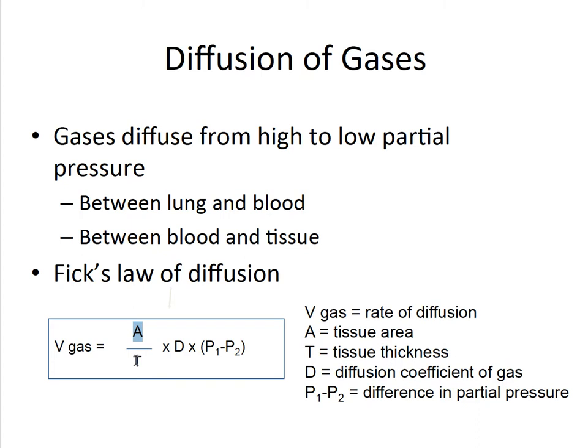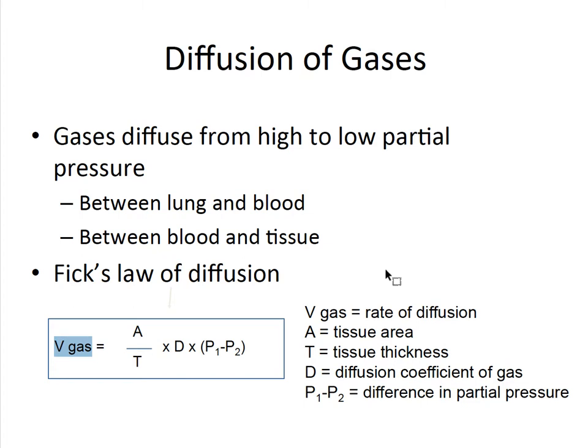So what would happen? As thickness of that lung membrane goes up, the rate of diffusion is less. If we have a big difference in the partial pressures of a gas, so P1 minus P2, a big difference in those partial pressures will equal a faster rate of diffusion.